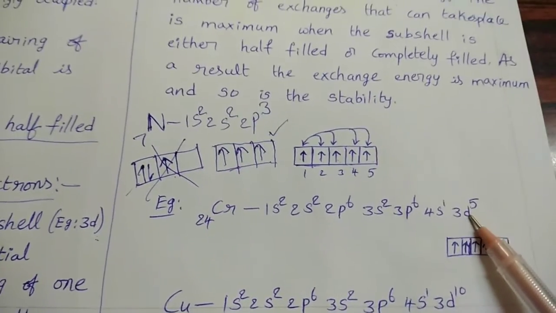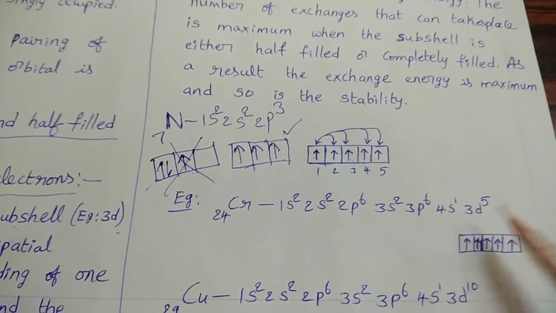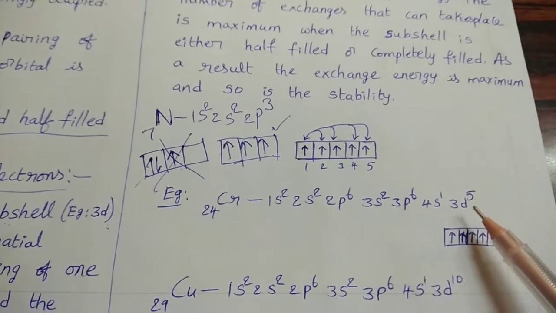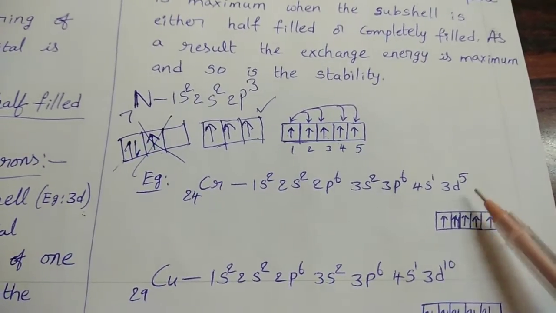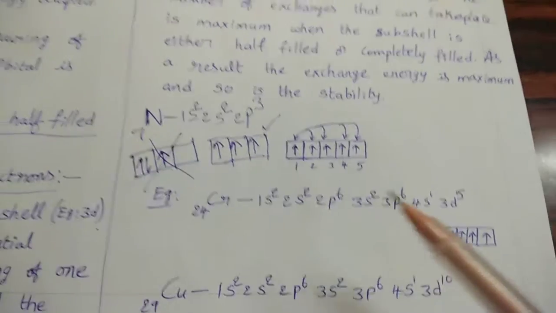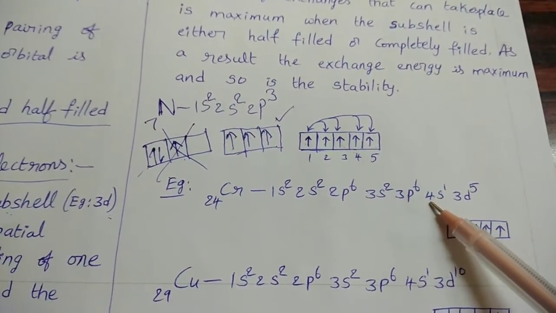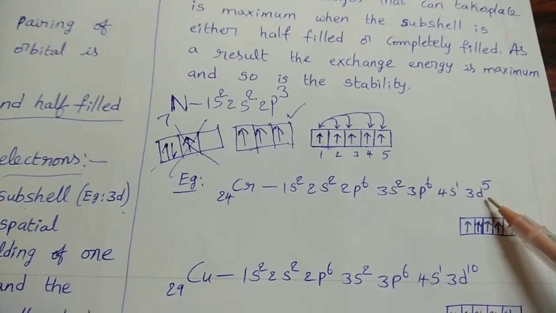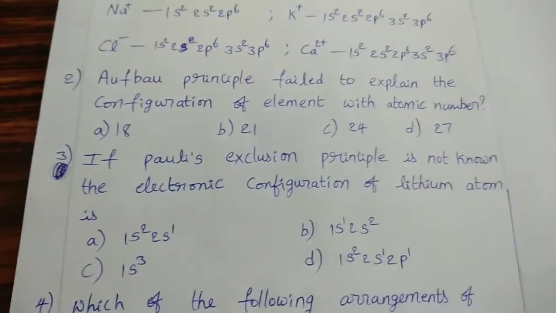But in this case, before completion of filling of this orbital, the electron enters into this, because when the electron enters into this 3d orbital, this element can achieve a half-filled configuration, which gives extra stability. That's why before filling of the lower energy orbital, the higher energy atomic orbital is occupied by the electron. Okay, so option C, 24 atomic number for chromium.